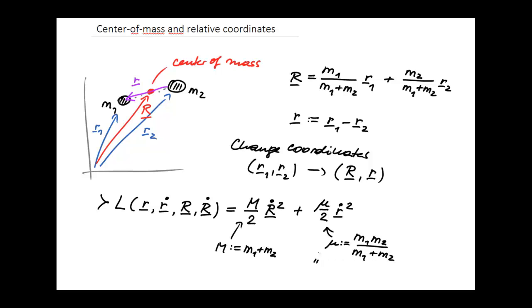And this is the so-called reduced mass. And finally, we still have the potential term, which is u, and that was a function of the distance between the two bodies. Now the distance is simply the absolute value of the relative position little r.